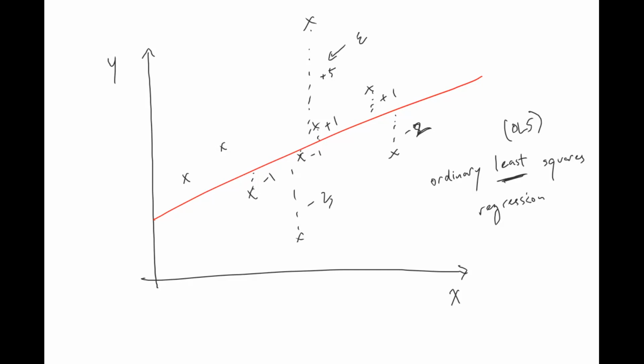We had 7 on top and bottom. So this would be 1 squared plus 1 squared plus 5 squared plus -2 squared plus -3 squared, and so on. If you add all of that up, 25, 27, 31, 33 plus 9, so 42. Whereas the absolute value error would be 14, right?